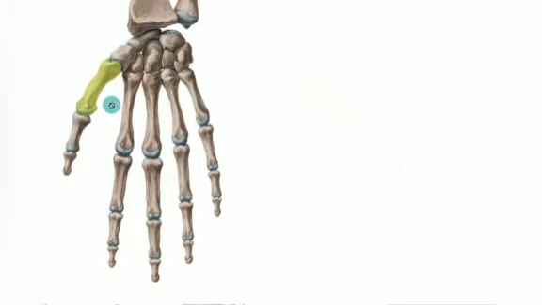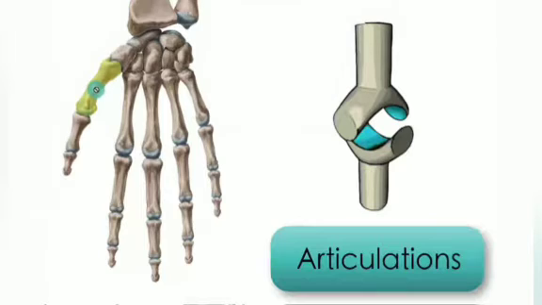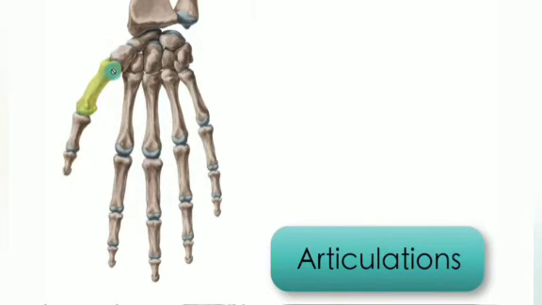In terms of articulation, the first metacarpal articulates with the carpal bone known as the trapezium, and both of their surfaces have what is known as a saddle-shaped articulating surface. Going to the distal portion, the first metacarpal articulates with the proximal phalanx of the thumb.